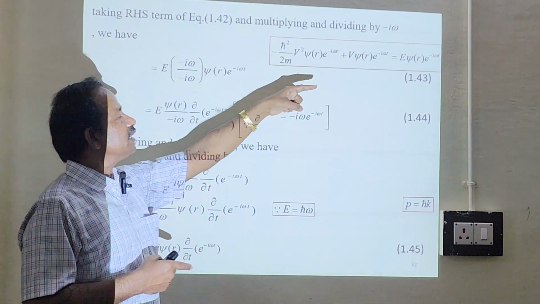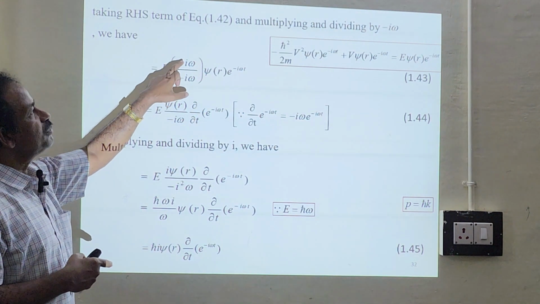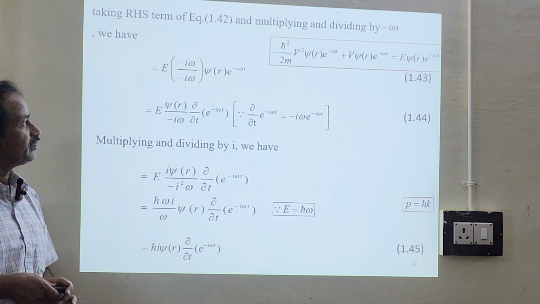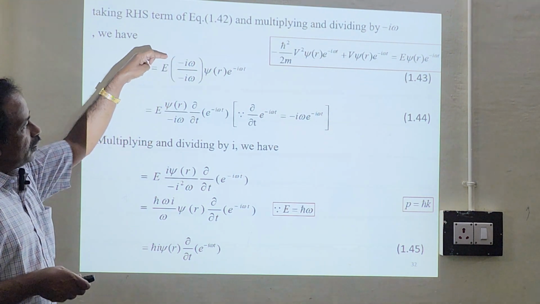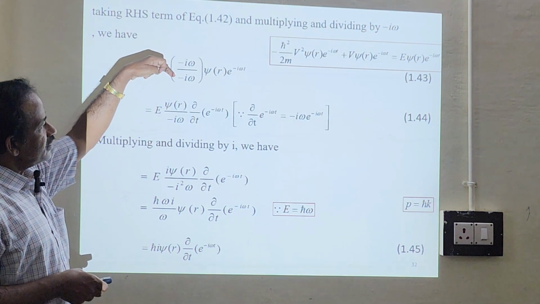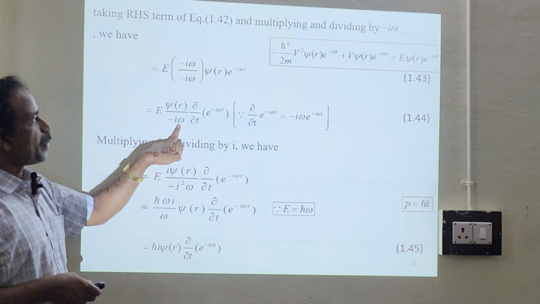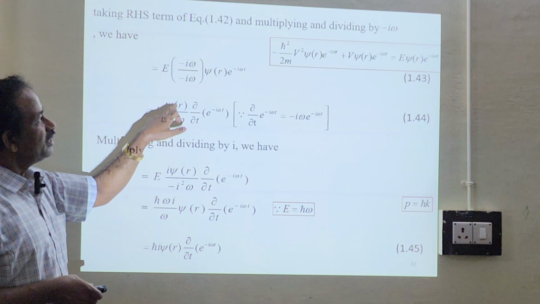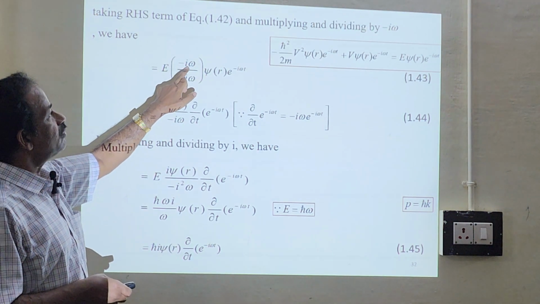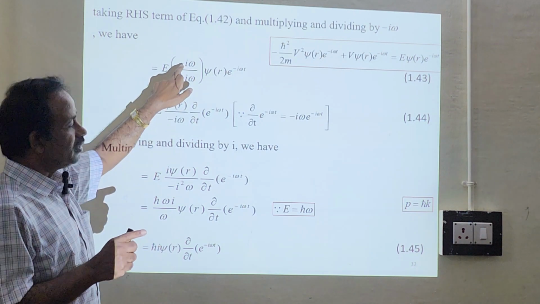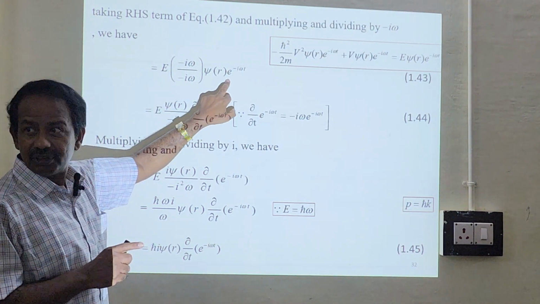So just take the right hand side. So E multiply and divide by minus i omega, you will get this. Okay. Now what I am going to do is just keep minus i omega alone in the denominator. The psi of r, you pull it out. The remaining term is minus i omega e power minus i omega t.